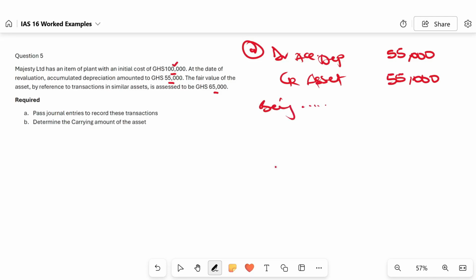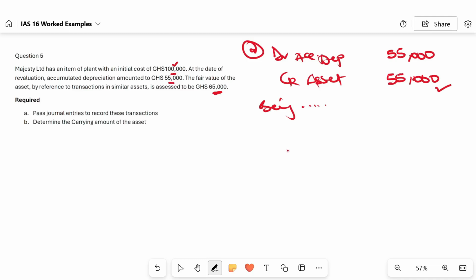The next journal entry will be to uplift the net asset value to fair value. The initial cost of the asset is 100,000. We credited that with the accumulated depreciation to reduce the value from 100,000 to 45,000. Now, at the revaluation date, the plant was assessed to value 65,000. The difference between 65,000 and 45,000 is 20,000.